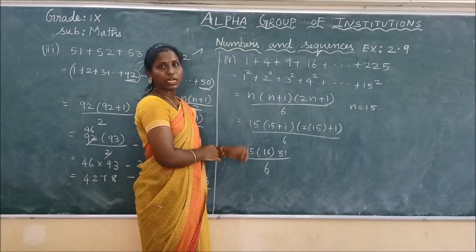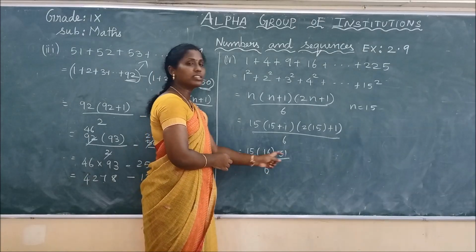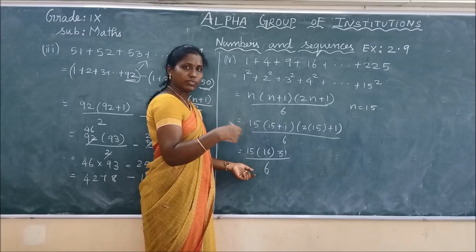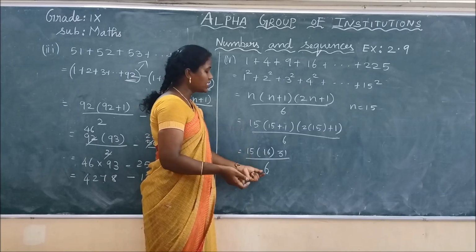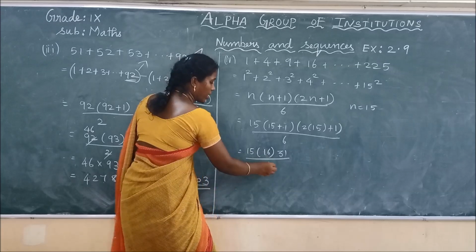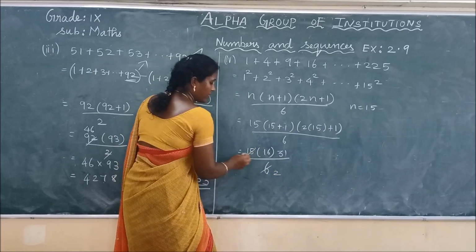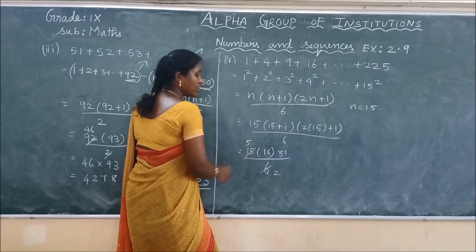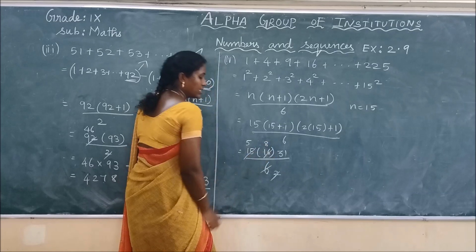Just simplify and then multiply, because the denominator 6 is there. If you multiply the three numerator values and divide by 6, it will also give the correct answer, but the process will go long. So just simplify and then multiply. If I simplify by 3, 2 threes are 6, and 5 threes are 15. Again, 1 two is 2 and 8 twos are 16.